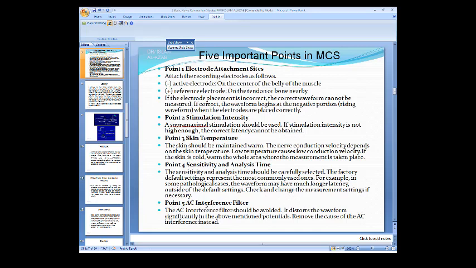Point 5. AC interference filter, which is the alternating current interference filter. The alternating current interference filter should be avoided. It distorts the waveform significantly in the above mentioned potentials. Remove the cause of the alternating current interference instead.